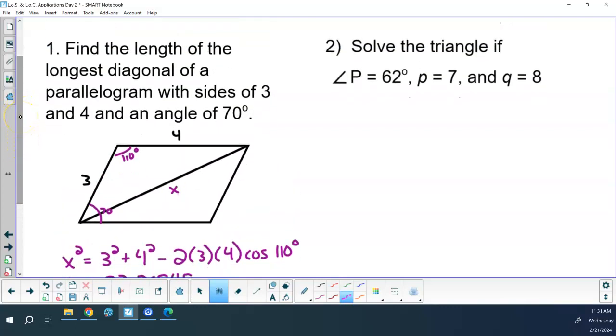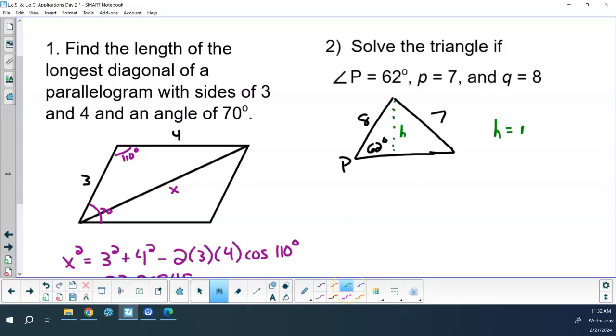Solve the triangle, so we should probably draw ourselves a triangle. What we got to do first? Find the height. We got to check the height first. Height, again, is going to be the adjacent side times the sine of the angle.